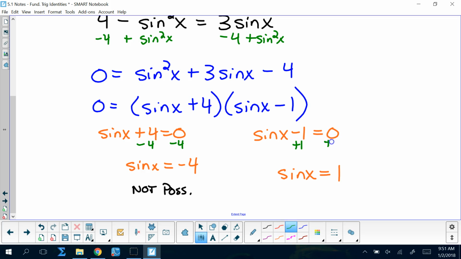Where is sine of x equal to 1? Pi over 2. So that's my only answer.